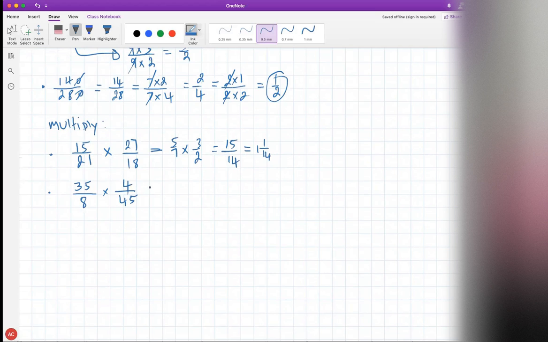What do you think we can do, or can we simplify before multiplying these two fractions? Yes. We can. So first, start within each fraction. See if there is anything common. You may break them down. Actually, that's what we're going to do. We're going to break everything down. But first, start within each fraction. See if you can simplify.